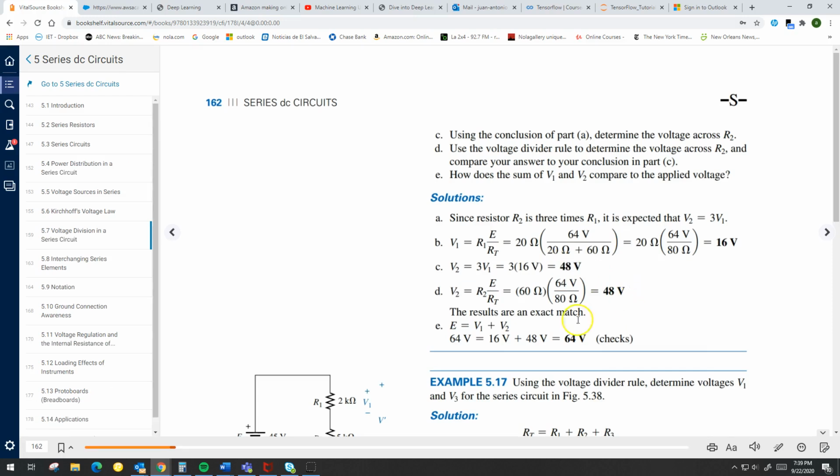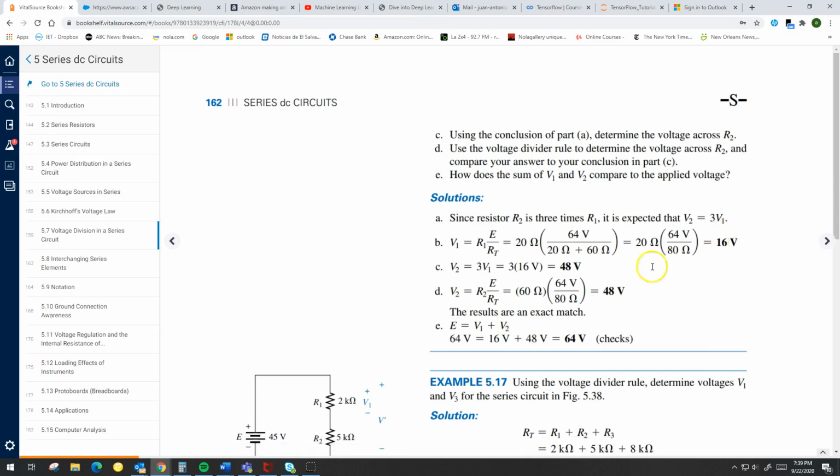And by KVL, we should get the same result, because when you add those two together, 16 plus 48, you get 64, right? So these little equations here are very important. These things that we pointed out here are very, very important for you to really grasp and understand.